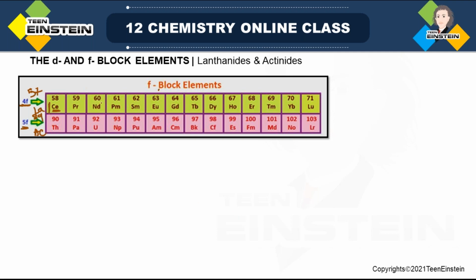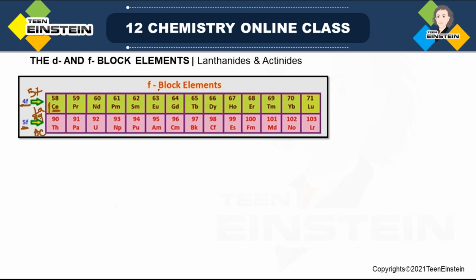Now it is easy to understand: we know that the F orbital's maximum capacity of electrons is 14, because there are total 7 atomic orbitals, and in each orbital maximum 2 electrons can be placed. So 7 into 2, 14 electrons, that is the capacity. So gradually, when electrons are filled, obviously the possibility is for 14 elements.